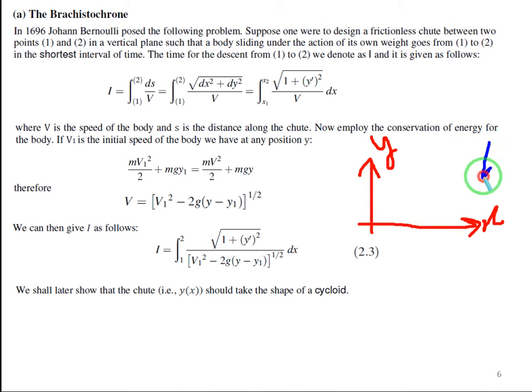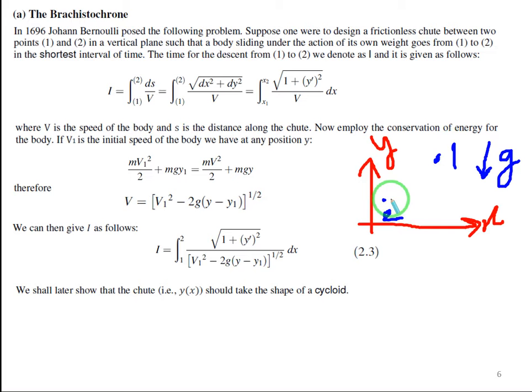It's the direction of the gravity. The gravity is in the opposite of the y direction. It's point 1 and it's point 2. We want to find a path from point 1 to point 2.